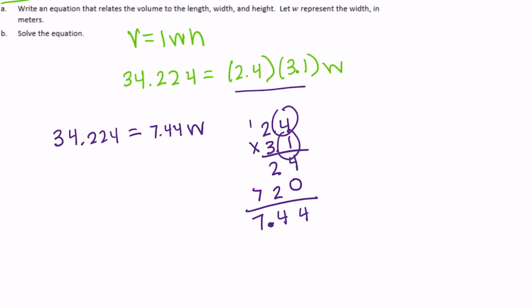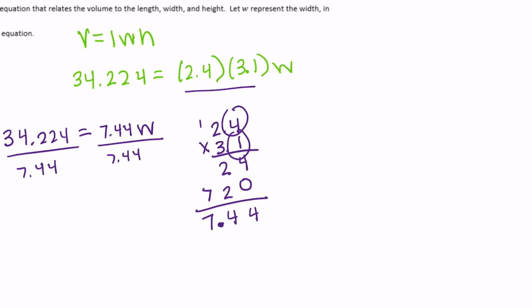So I can figure this out by dividing by 7 44 hundredths, because remember I'm trying to get the width alone. So let's divide 34 and 224 thousandths by 7 44 hundredths. So I'm going to get rid of the decimal by moving it over 2 places, and I'll just move it up and forget about it.